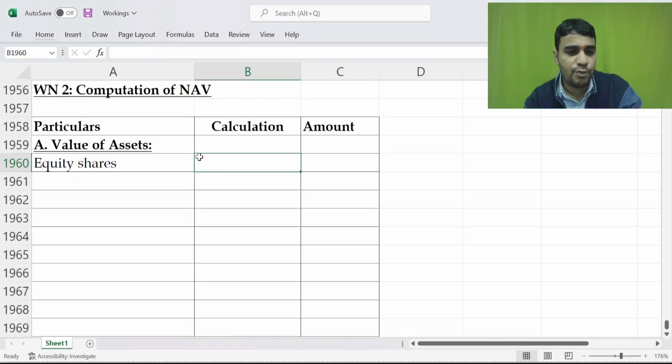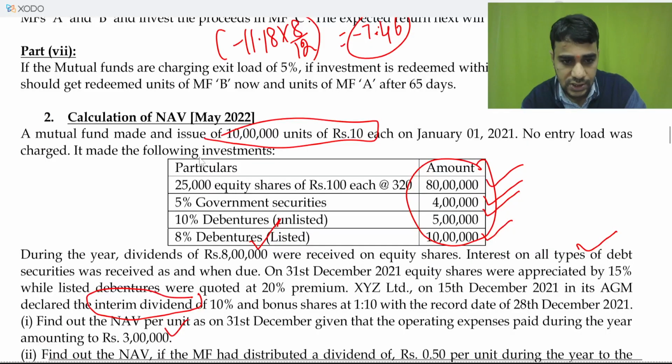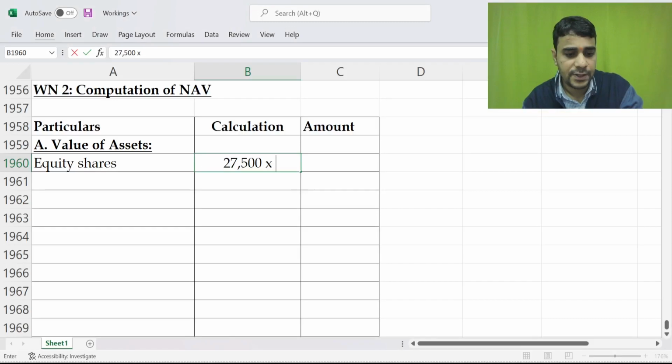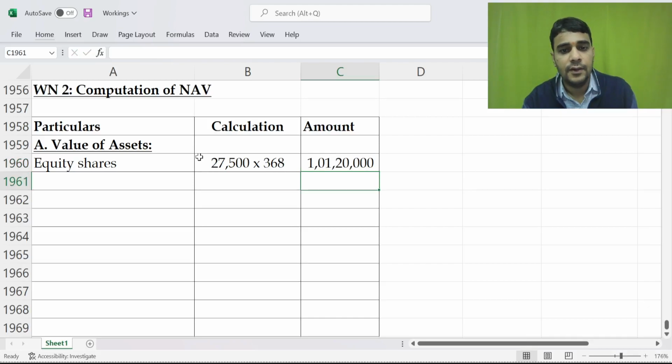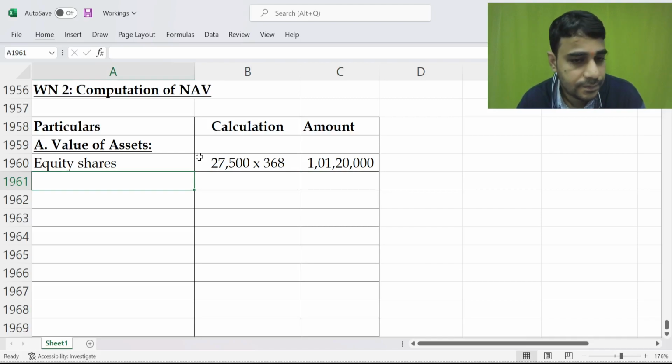My assumption is bonus shares would have been allotted to me, and my closing price is 320 plus 15%, which is 368. So 27,500 into 368.